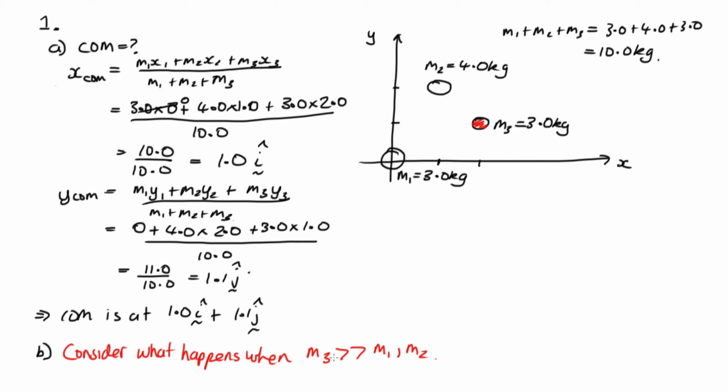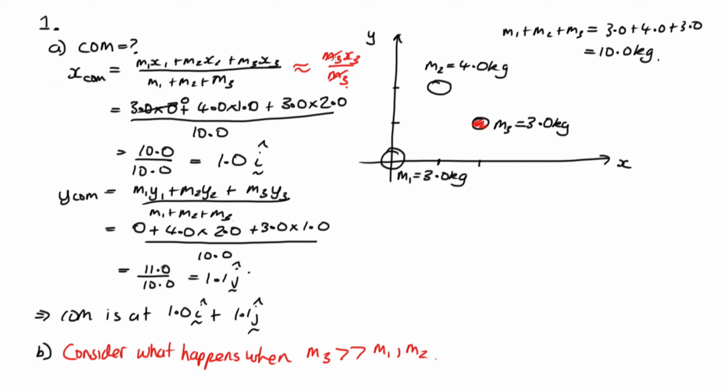Now, if M3 is much bigger than M1 and M2, then this top line here is approximately equal to M3x3, as this part, the M1x1 plus M2x2, is negligible compared to this part. And on the bottom, because M3 is so much bigger than M1 and M2, we can ignore M1 and M2, and this is approximately M3.